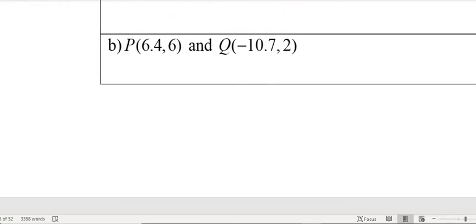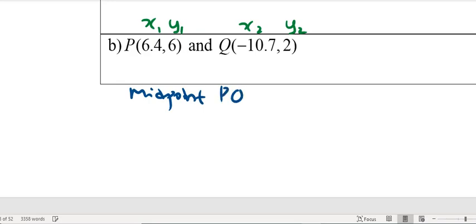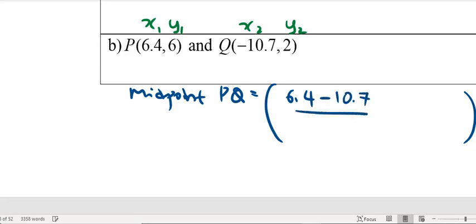It is the same. You just remember to highlight x1, y1, x2, y2. The question asks you to find the midpoint of PQ. So x1 is 6.4, x2 is negative 10.7, divided by 2. After that, 6 minus 2 divided by 2.